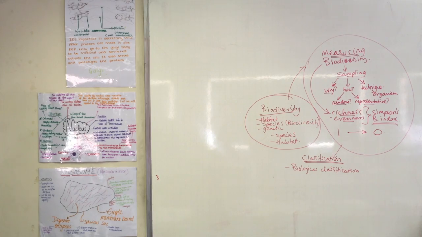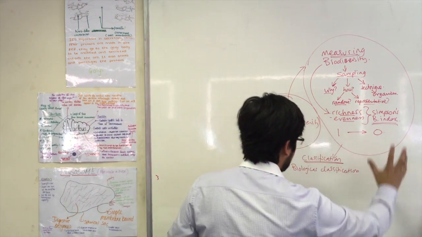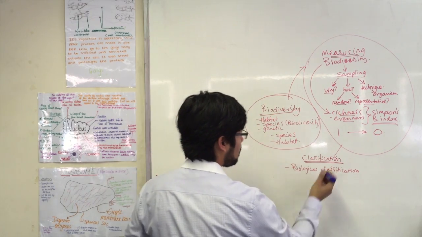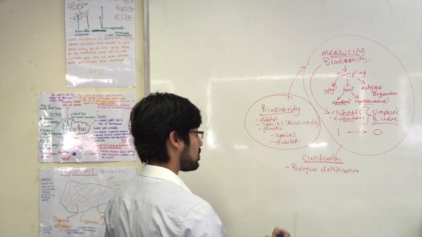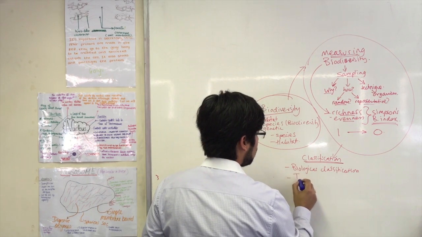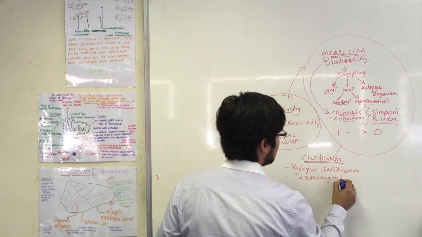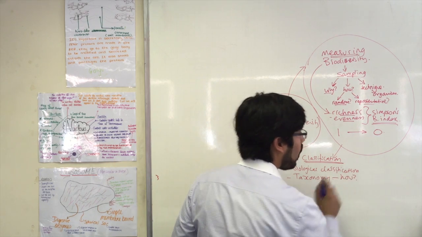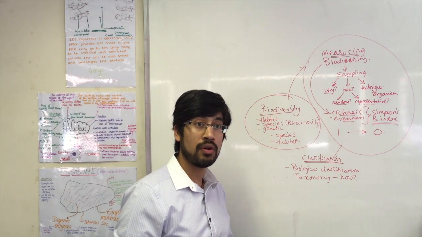Is that making sense or not? Yeah. Okay, so it's linked to the next bit. If you classify, it gives you information about the relatedness of organisms. So, important definition: taxonomy is essentially how we classify. What do we classify based on?